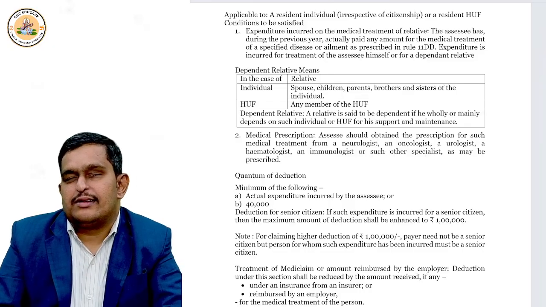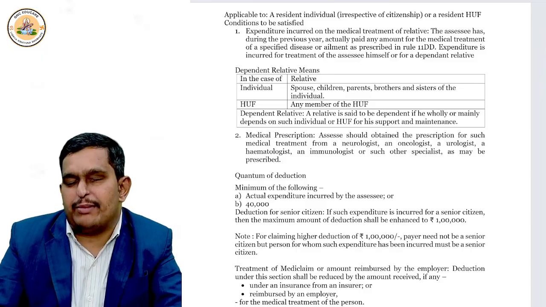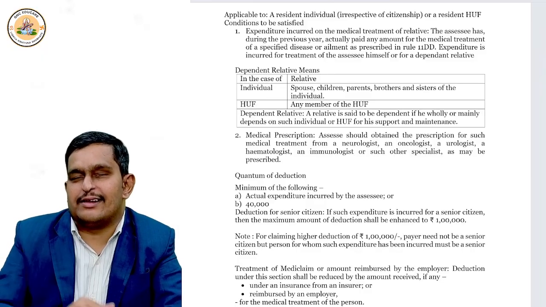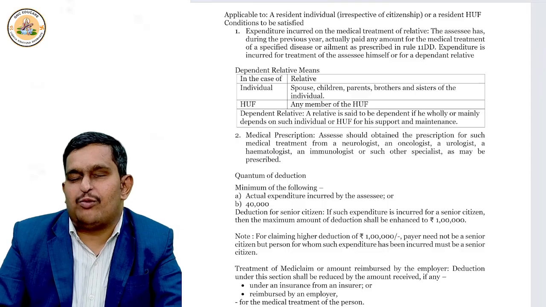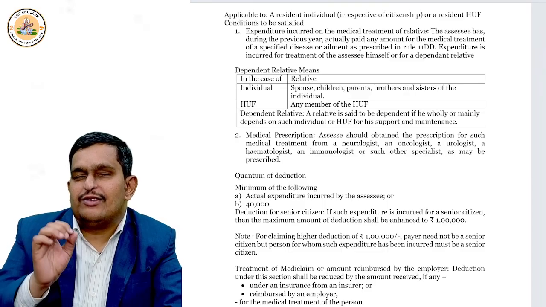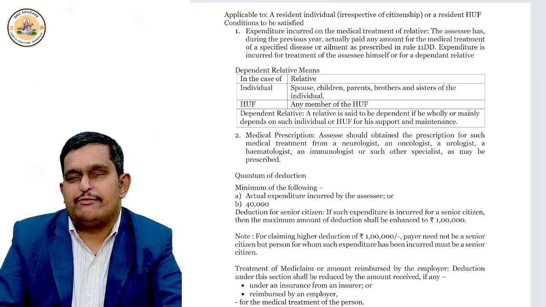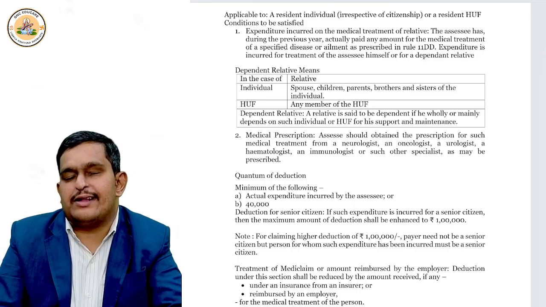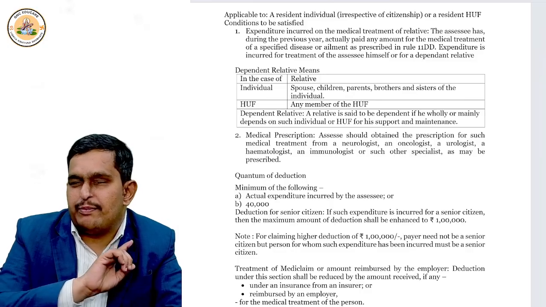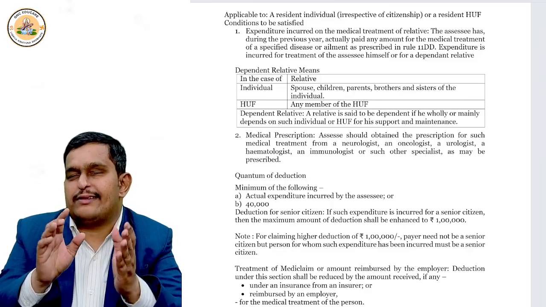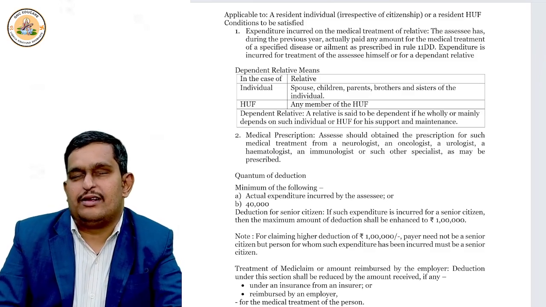But suppose the person whose treatment is going to happen is a senior citizen, then this 40,000 will be replaced by 1 lakh rupees. I'm not talking about the payer, I'm talking about the person whose treatment is going on, right?